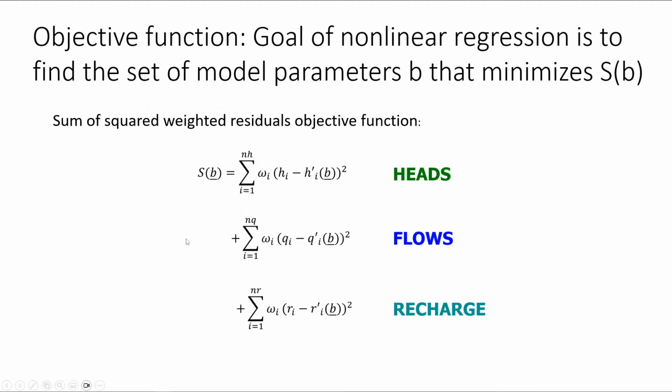Here, my objective function is the sum of squared weighted residuals, and it includes head, flow, and recharge. So I want the measured recharge, the measured flow, and the measured head in the field to match what my model is reproducing.